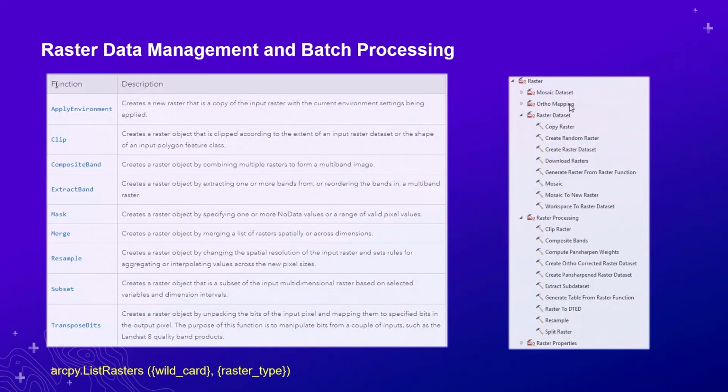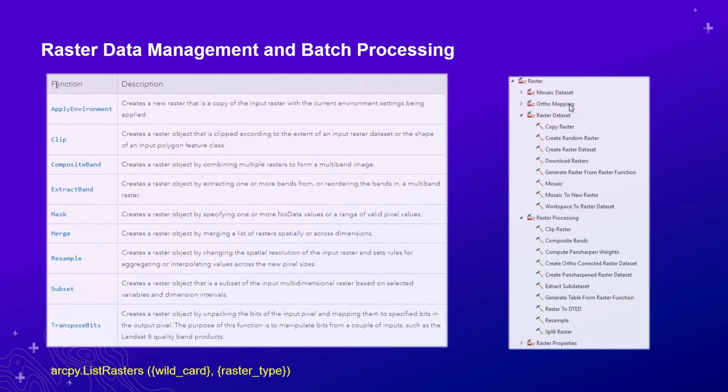But as I said, no project is started or completed unless you can do some data management like clipping or masking. So we have many functions to do that. On the other hand, we also have a lot of geoprocessing tools in the data management toolbox, which you can also use for data management and processing.